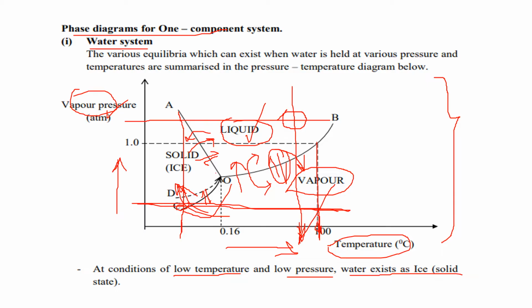Now the point where the three curves intersect is called the triple point, and in this case it is O. So this triple point is where three phases coexist in equilibrium. So pay attention to that. And then we have curve OD. Now curve OD simply means supercooling, and that's why it was presented in extrapolated format.